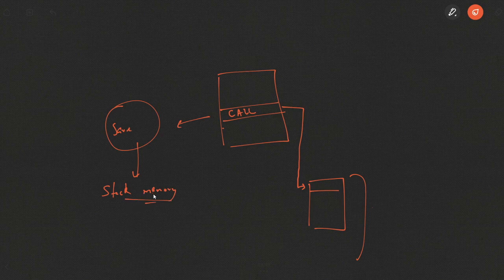That means the first address will be stored on the top of the stack, and then the next address will be stored below it, and so on and so forth. This way we can execute a subroutine, a subprogram within the program, with the help of a stack pointer and stack memory.